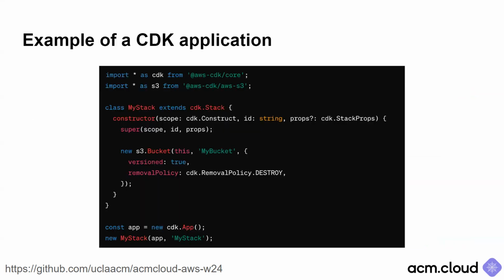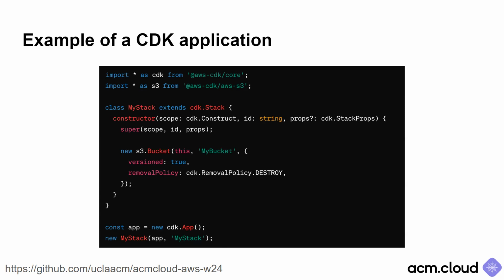Okay, so here's a very simple application using Python, it looks like, to create a CDK application. What we can see is that at the top, they're importing specific constructs from the AWS CDK that they've already installed. Specifically, it looks like S3, which is just cloud storage, and then CDK as a whole.